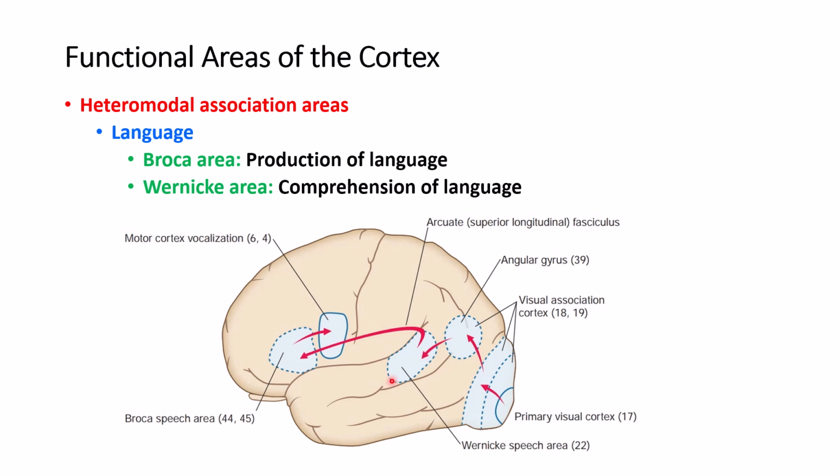It should also receive information from the auditory area, not shown here, for things that you listen to. So Wernicke area is important for comprehension of written and spoken language.